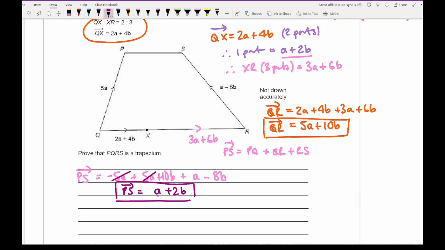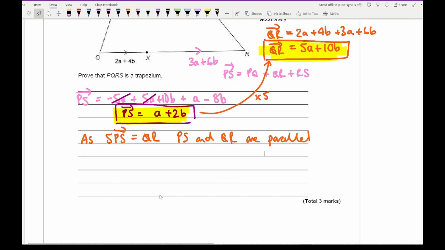So all that's left for me to do is to compare this statement here and this statement here. And as you can see, to get from this to this, all I need to do is multiply by 5. So you can then say that 5PS is equal to QR. PS and QR are parallel.